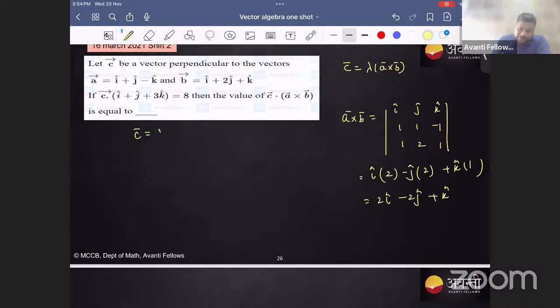So C I can write as lambda times 2I cap minus 2J cap plus K cap.